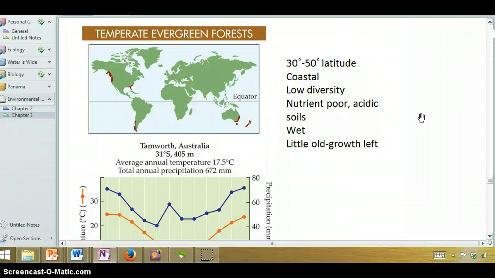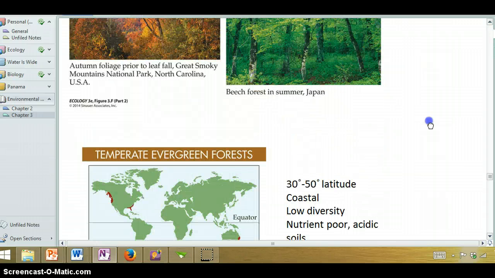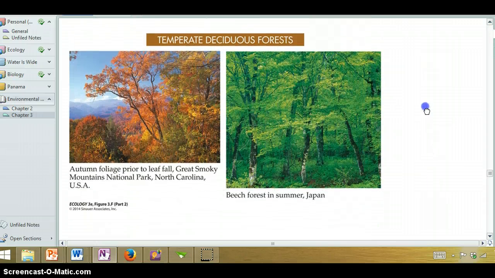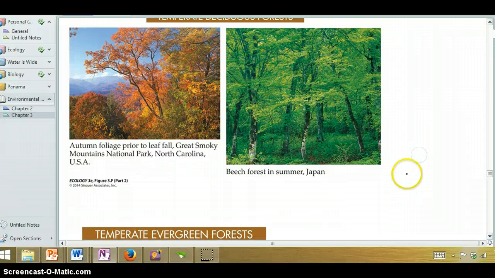And as you can see, they're quite wet. They tend to be dominated by evergreens as opposed to broadleaf trees or these deciduous trees. And that's a term we often apply to deciduous trees, that they're what you call broad-leaved trees.